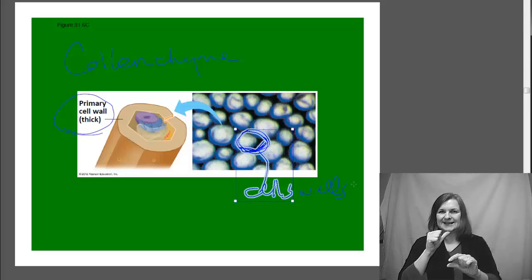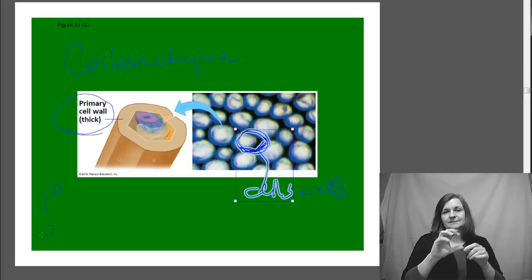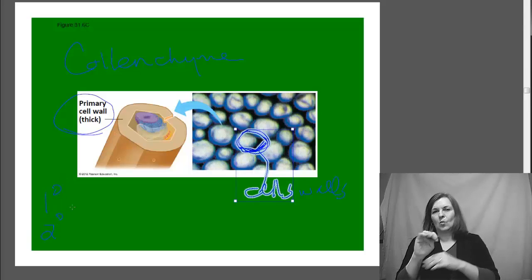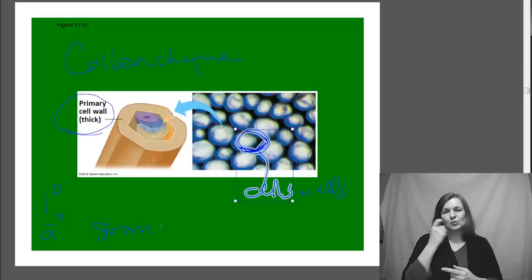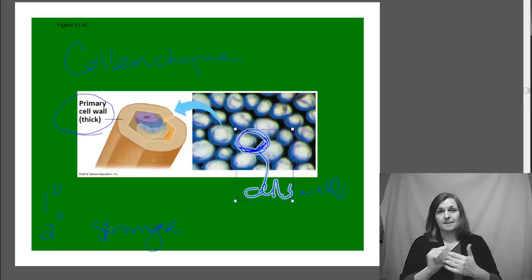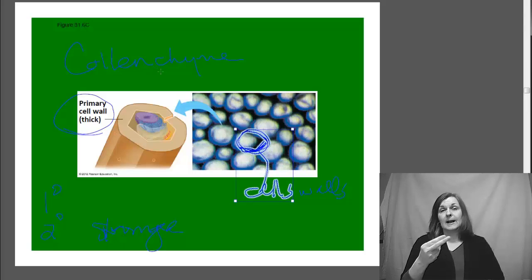They're not necessarily even, and the reason for this is they actually have a primary cell wall and a secondary cell wall associated with them. This gives them more support, so they're a stronger cell than the parenchyma that we just talked about, but they still are flexible. So we look at collenchyma cells as being present in areas of growth. Any place the plant is growing, you're going to see a lot of these cells to help give it support.